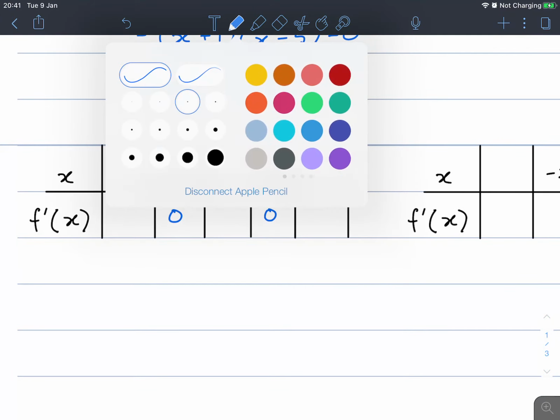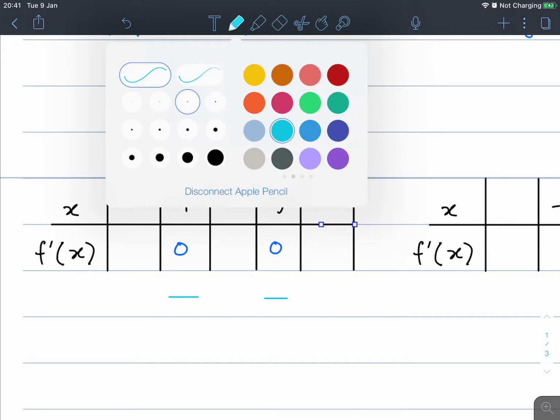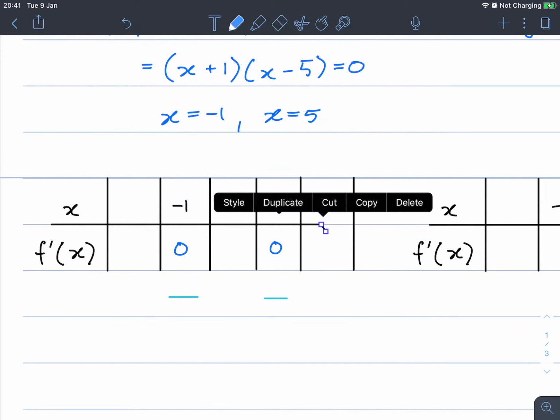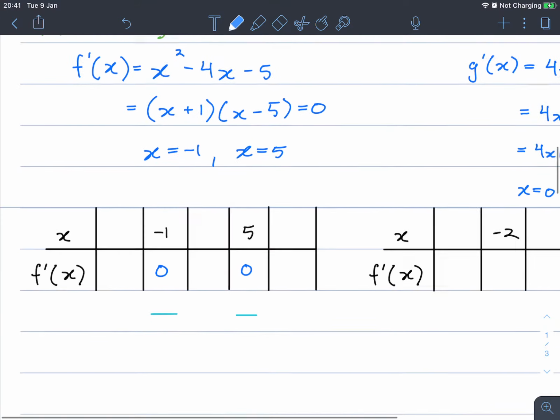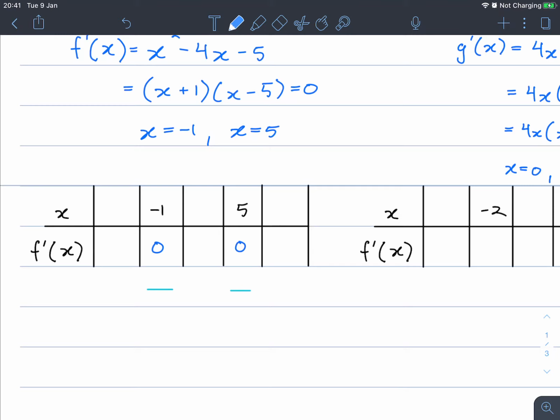Just so we can draw what this will look like, this is a stationary point, so the tangent is like so. Same goes for this one. The tangent is like so. So they're both stationary. Now what we need to do is determine points to the left and right of these respectively and figure out what their values are in the derivative.